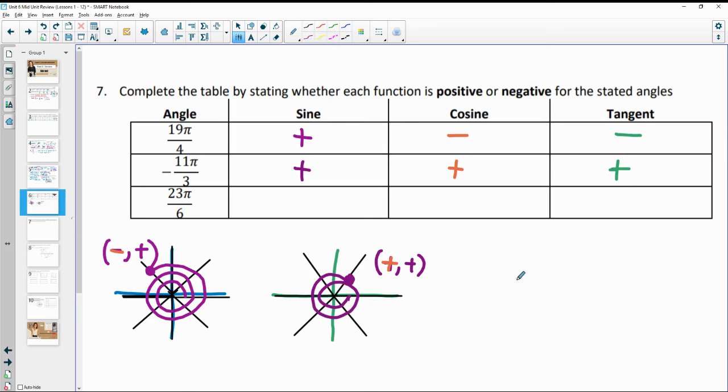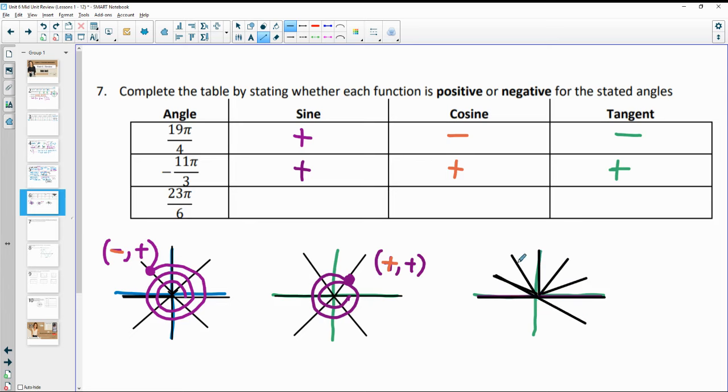Third angle is 23 pi over 6. So we'll be taking this unit circle, and the top half will be splitting into 6 equal pieces. So we'll be taking and splitting each kind of fourth into 3. So there's 1, 2, 3, 4, 5, 6 equal pieces.